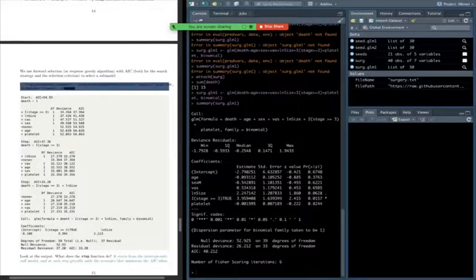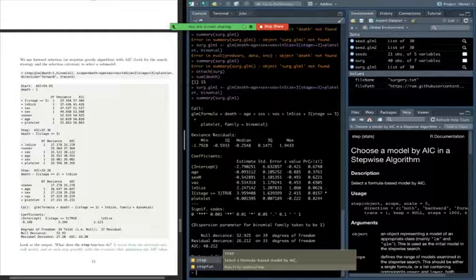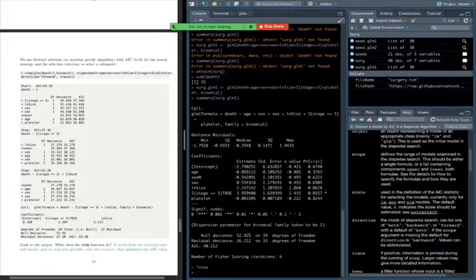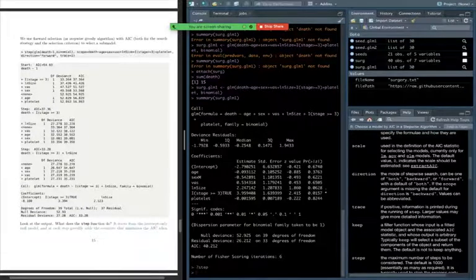Trace one means that we'll get output. If you have any questions about this while going through the practical, it's just a matter of taking the help function. Go to step, then to the arguments, and you've got trace, and it gives you a brief description of it.